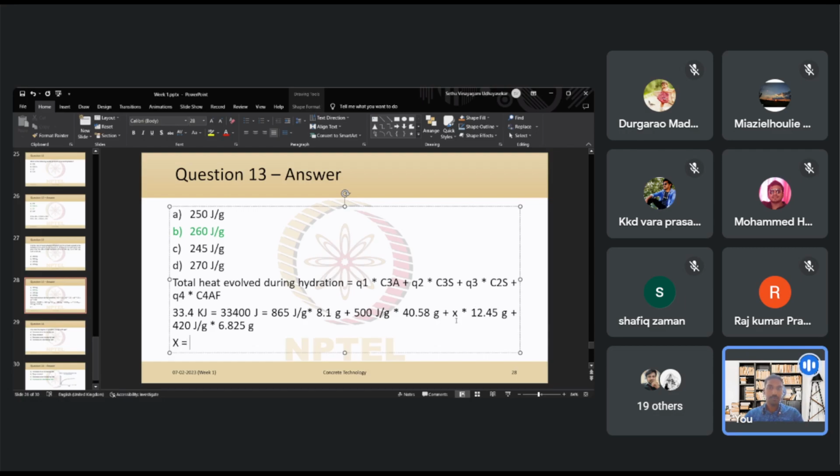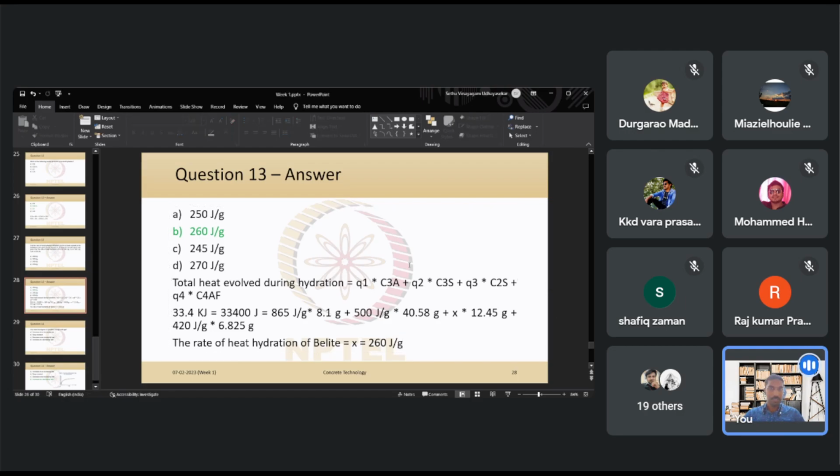So finally you will end up with X, which is the rate of heat of hydration of belite, which we are calling X in this equation, will be 260 joules per gram, right? If you solve this, you will find out that it will be equal to 260 joules per gram.